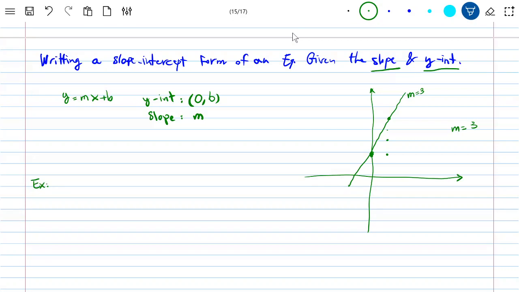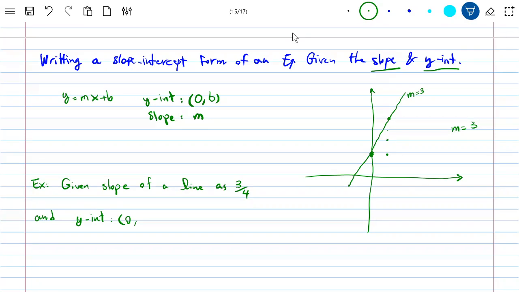For example, given the slope of a line as 3/4 and y-intercept as, sometimes I only give you the y value, but I'm going to write it as a point because the y-intercept is supposed to be a point.